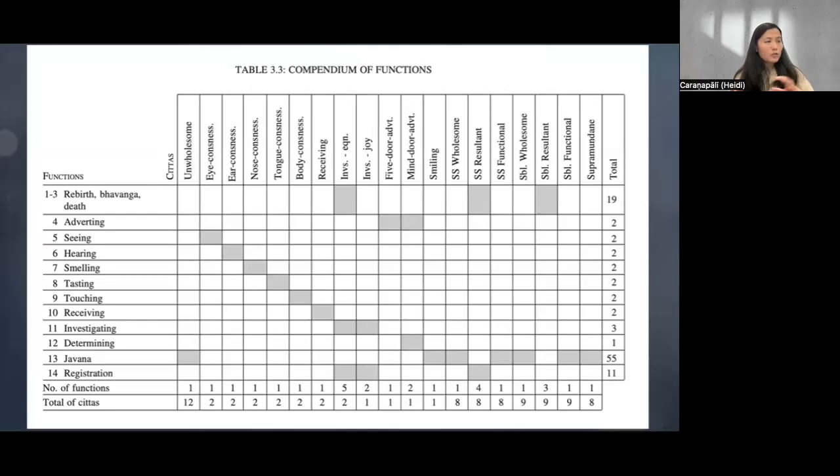That is just the aftertaste of the same object that the Javana has just experienced. It happens because nature works that way: the object was strong, and after that some aftertaste remains. And as you can see, only the Vipaka cittas can perform registration, can perform Tadarammana.